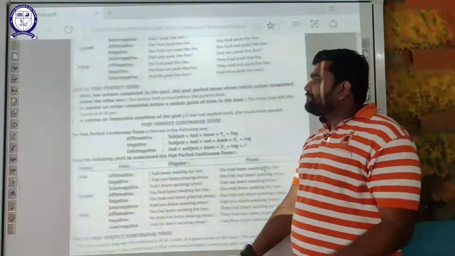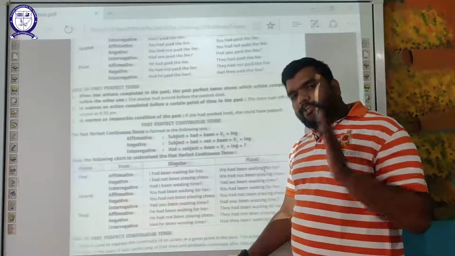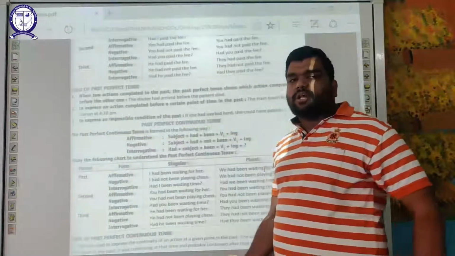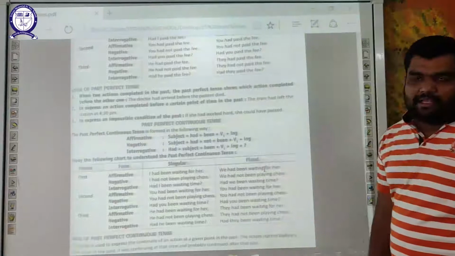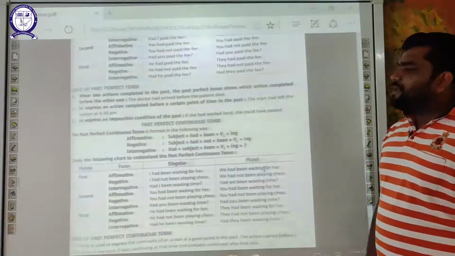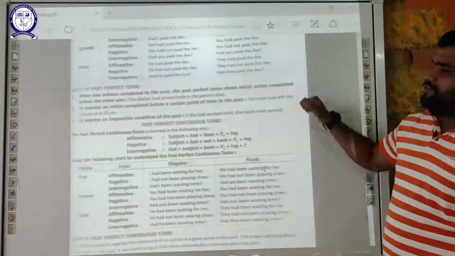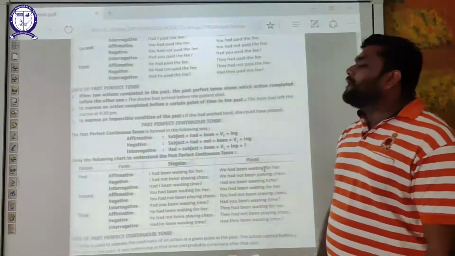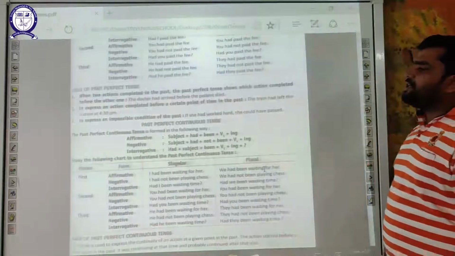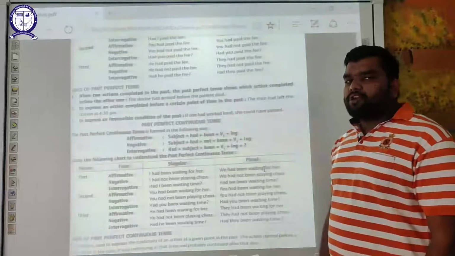Okay. Means doctor had arrived. The patient died afterwards, but the doctor arrived before. To express an action completed before a certain point of time in the past: the train had left the station at 4:30 p.m. To express an impossible condition of the past: if she had worked hard, she could have passed. That was not possible now.